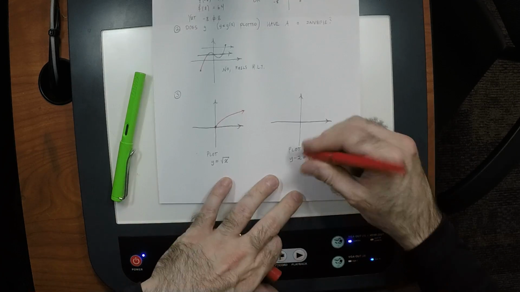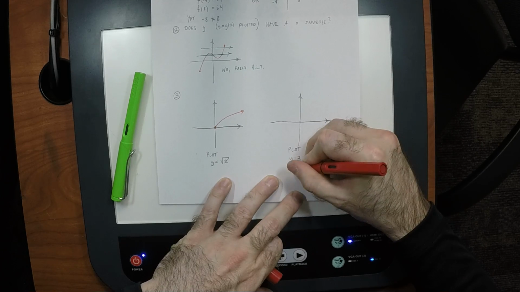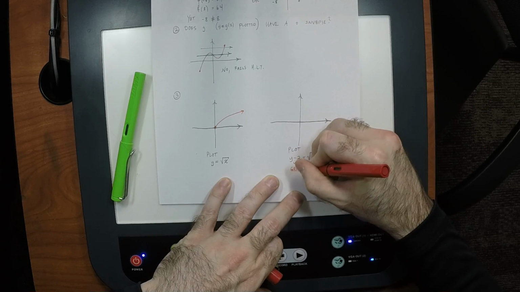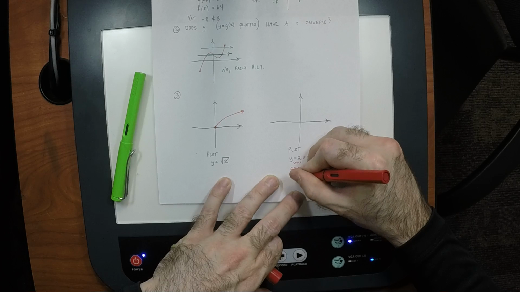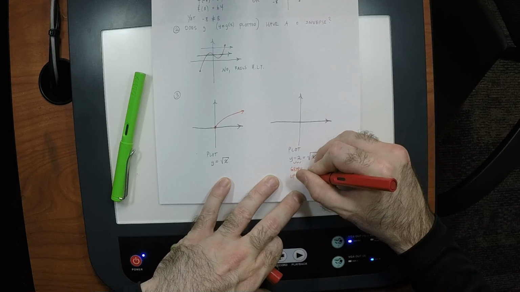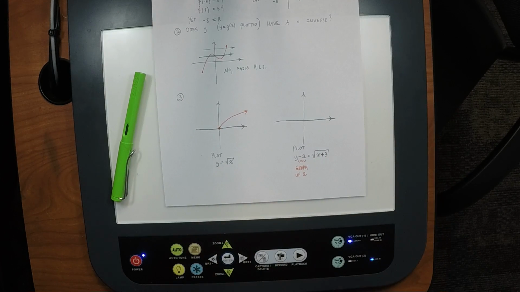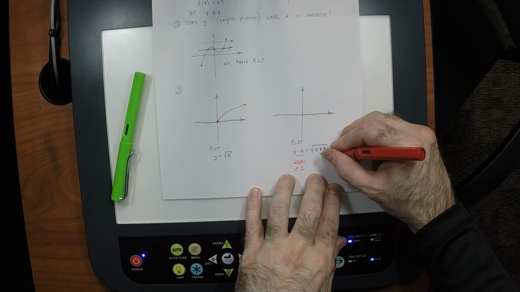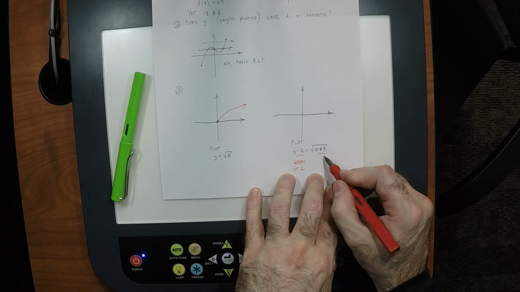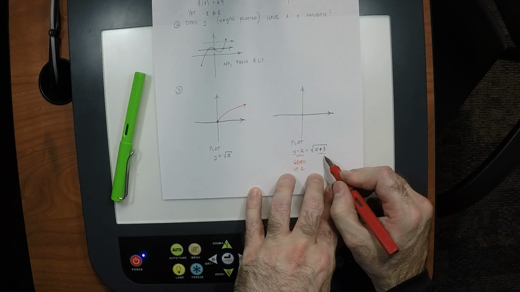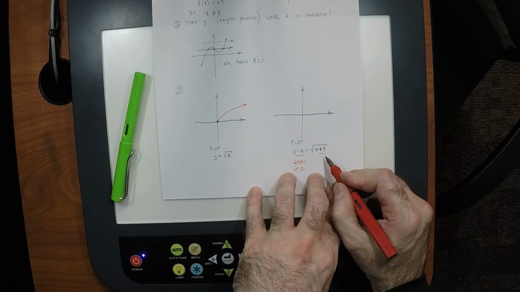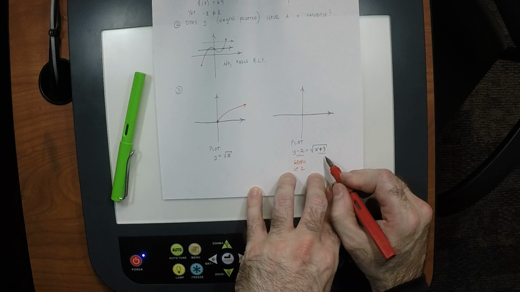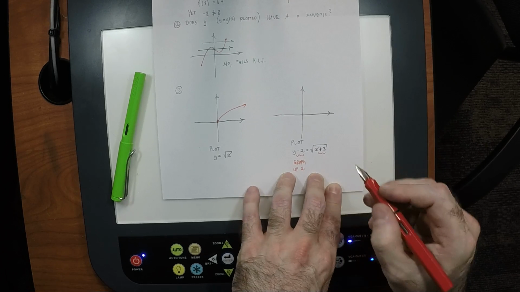So this right here is saying that the graph is going to go up 2. All right. And what about this? What's that saying? What's going to go to the right?